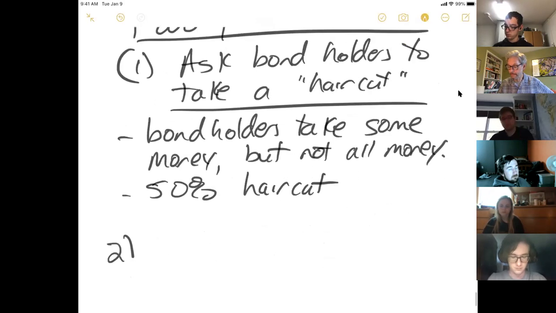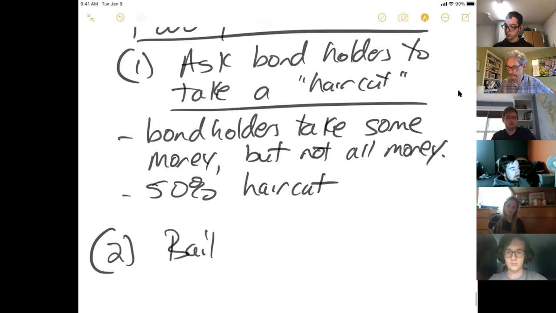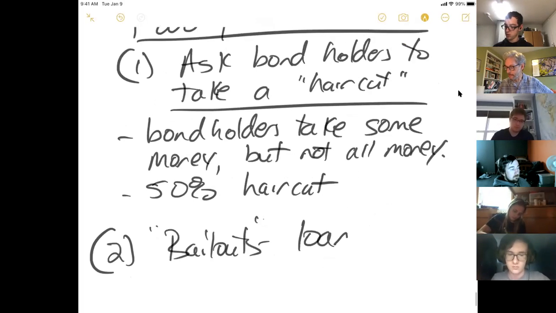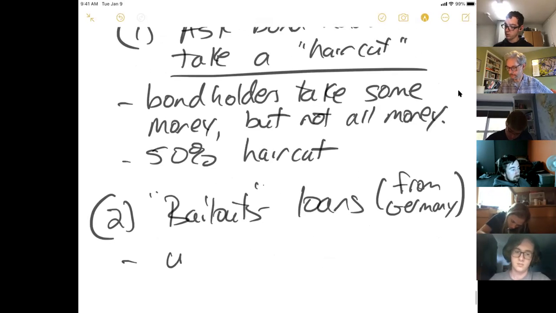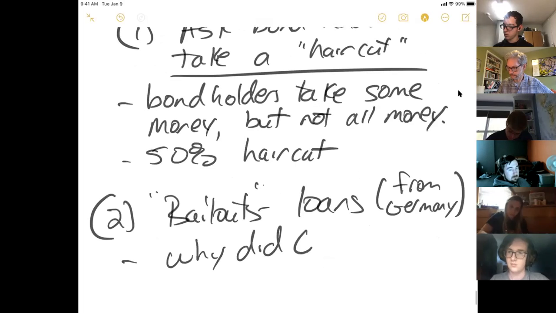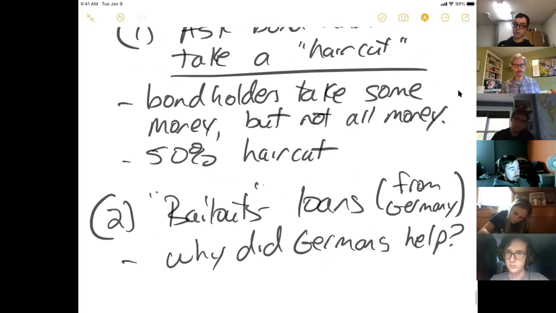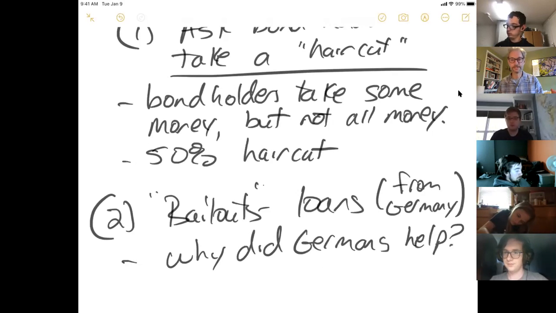Something else that Greece was able to do is to get bailouts, basically loans, primarily from Germany. Why did the Germans help?